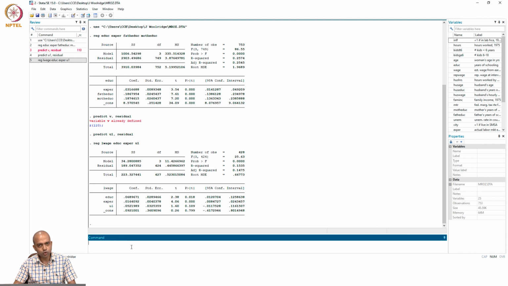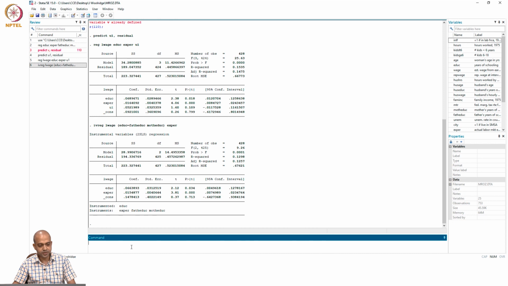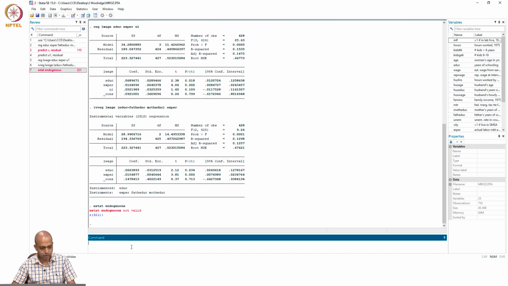In that case, we have to first estimate the equation using ivreg, log wage, then education equals father's education, mother's education, and then we have experience. This is the model. After this, we have to run estat endogenous. That is what we discussed, estat endogenous.